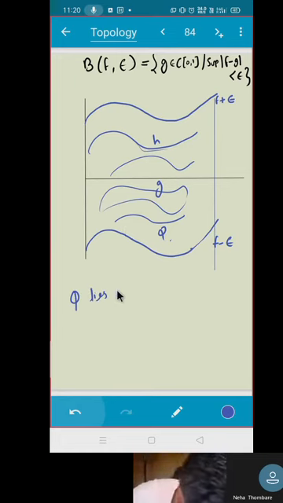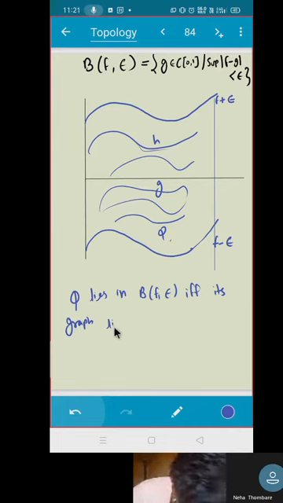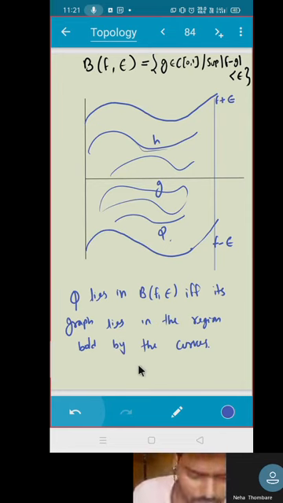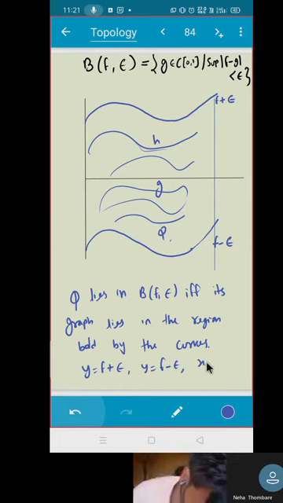Phi lies in B F epsilon if and only if its graph lies in the region bounded by the curves. What are the curves? y equal to f plus epsilon, y equal to f minus epsilon, and x equal to 0 and x equal to 1. Is that clear?